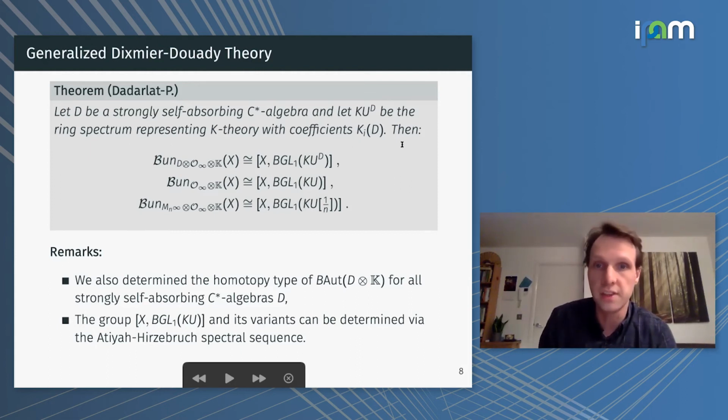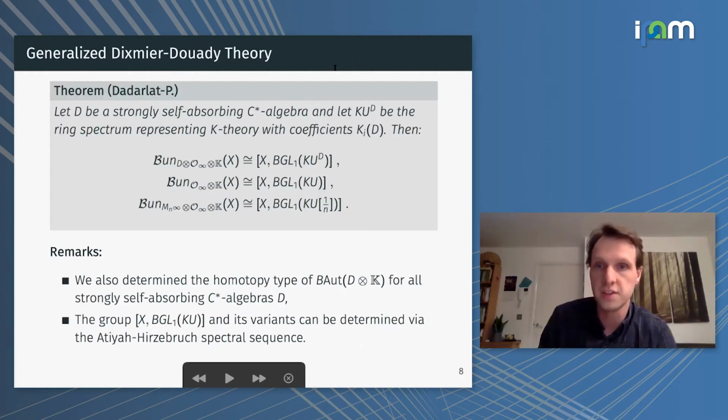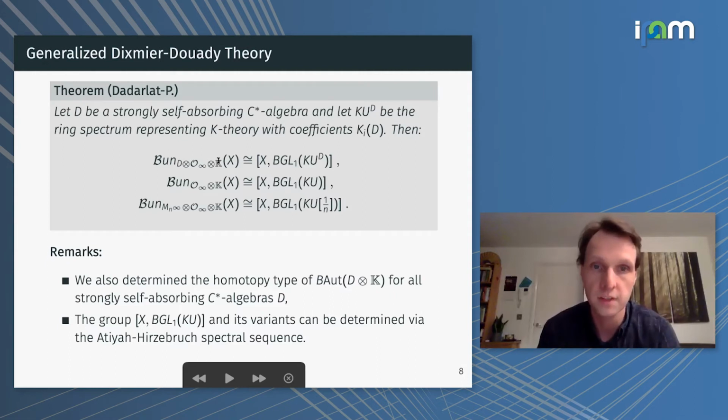And then if I look at this space BGL1 of KU for this spectrum KUD here, and take homotopy classes of maps from X to BGL1 of KU, I get that this is in bijection with isomorphism classes of bundles with this C-star algebra as its fiber, right? So the purely infinite version of the D that I started with, tensor the compacts.